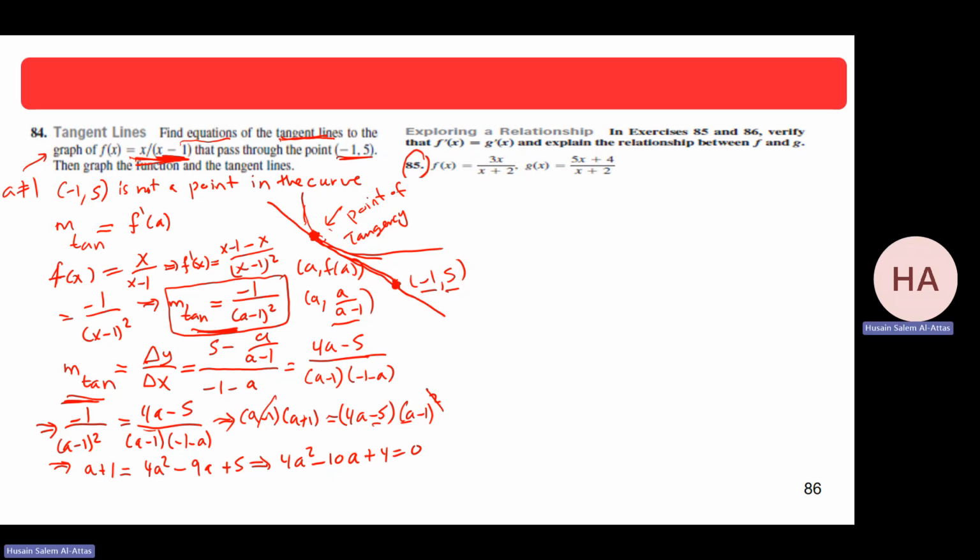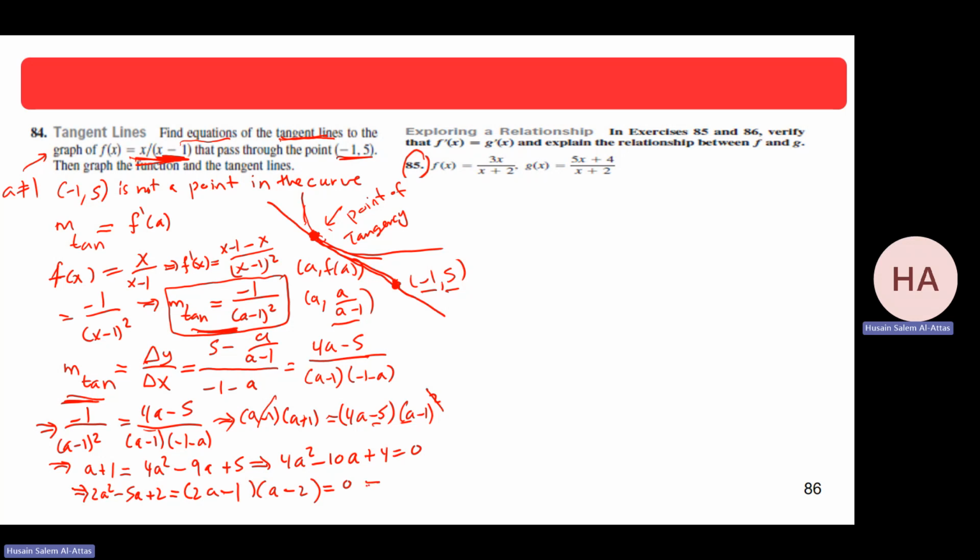Divide by 2: 2a square minus 5a plus 2, or 2a minus 2 minus 1 equal 0, right? Plus 2 minus a, minus 4a, minus 5a to a square.